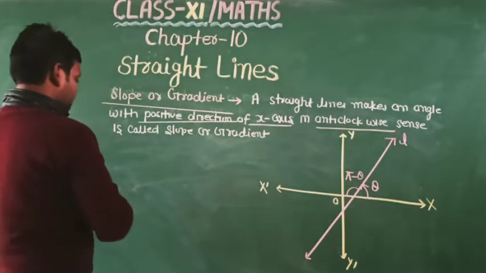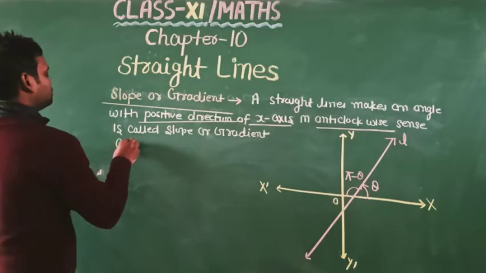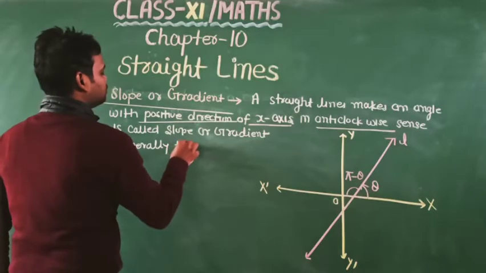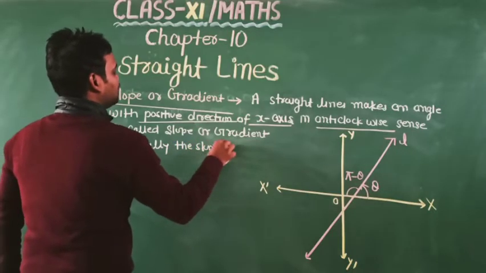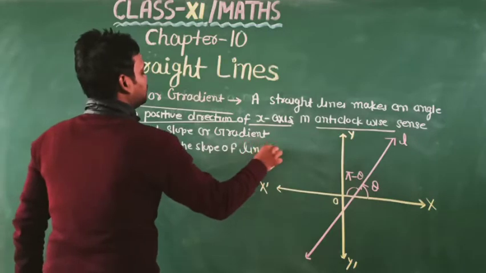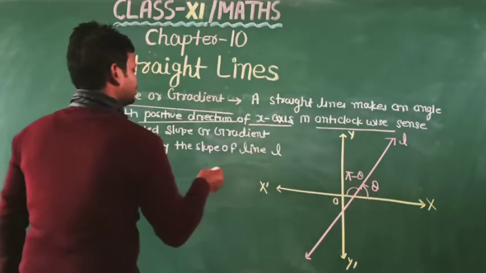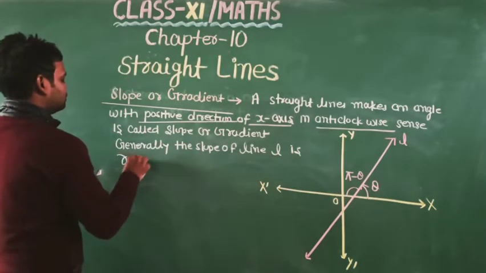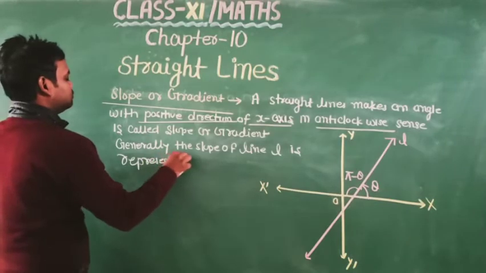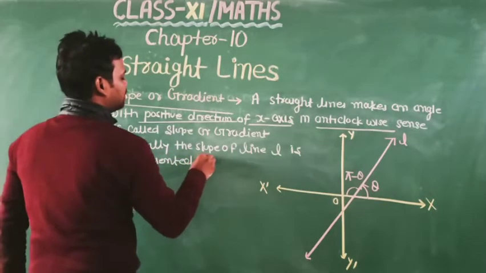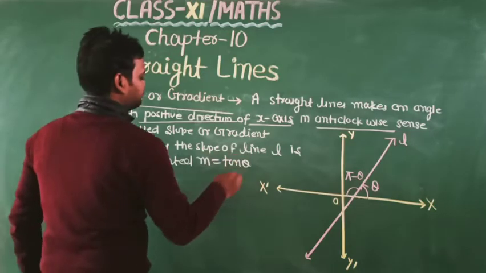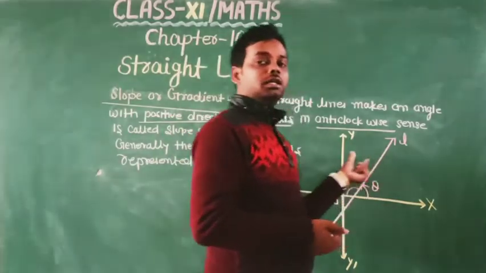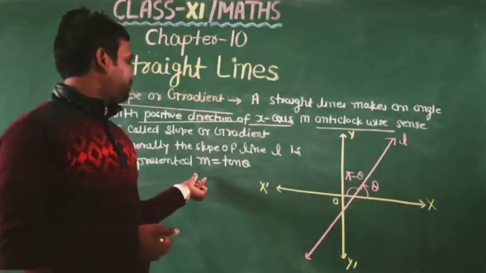So generally the slope of line L is represented or denoted by m equal to tan theta, where m is called slope.